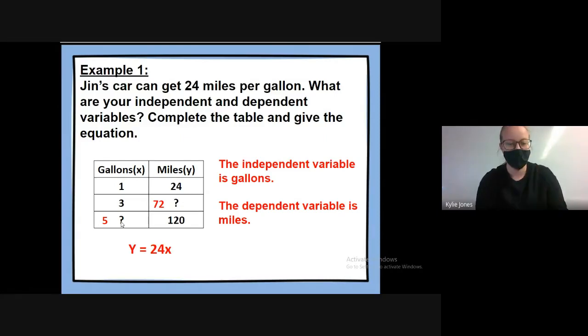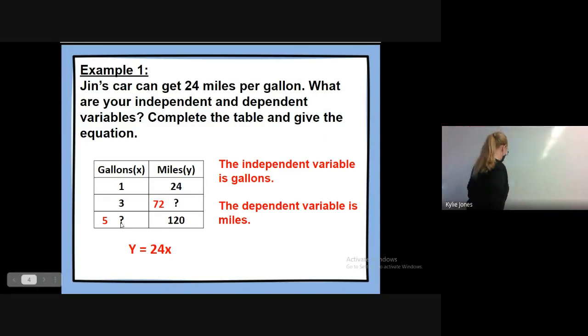So I'm going to write on the board behind me. We can take these numbers in our table and graph them from there. Oh boy, I need to get new markers. We have x values and y values. Our first one was 1 and 24, 3 and 72, 5 and 120, correct? So these can become ordered pairs that we can graph. When you write an ordered pair, it goes x, y. You guys remember this?